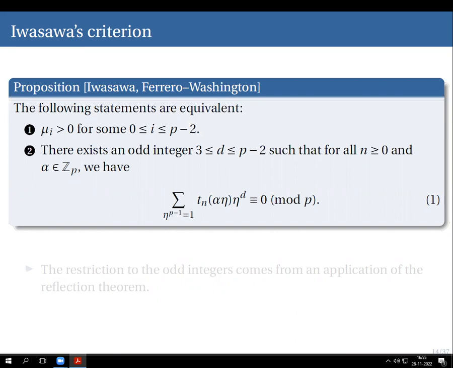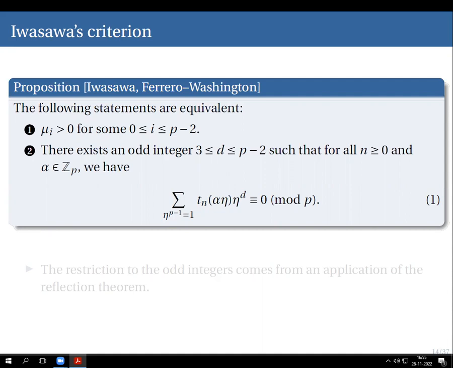Here eta is a (p minus 1)st root of unity, there is a factor eta to the d, and t_n of alpha eta are the digits that appear. So mu being positive, which is an Iwasawa-theoretic question, boils down to studying digits of p-adic numbers. What is t_n?